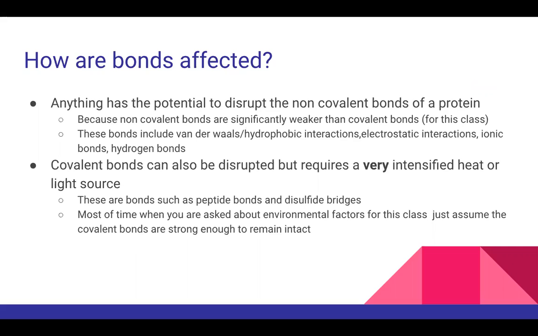So for the majority of the time, when you're asked about environmental factors for this class, just assume that the covalent bonds are strong enough to remain intact. These covalent bonds are peptide bonds and disulfide bridges. Does anybody have any questions on this slide?